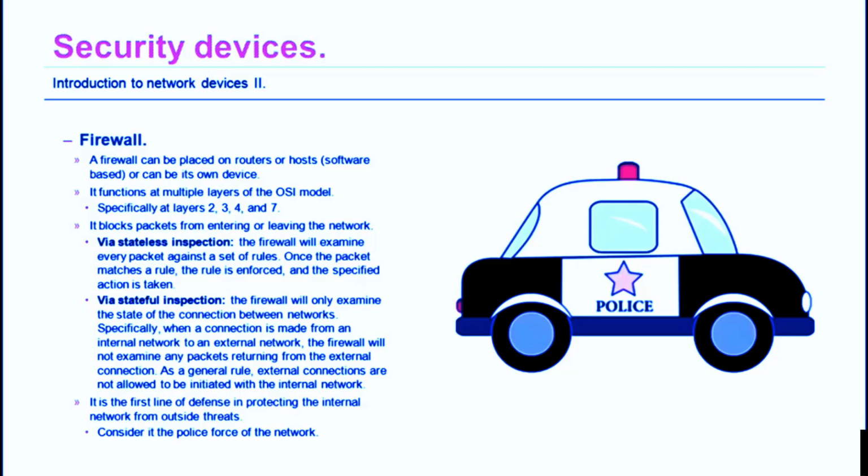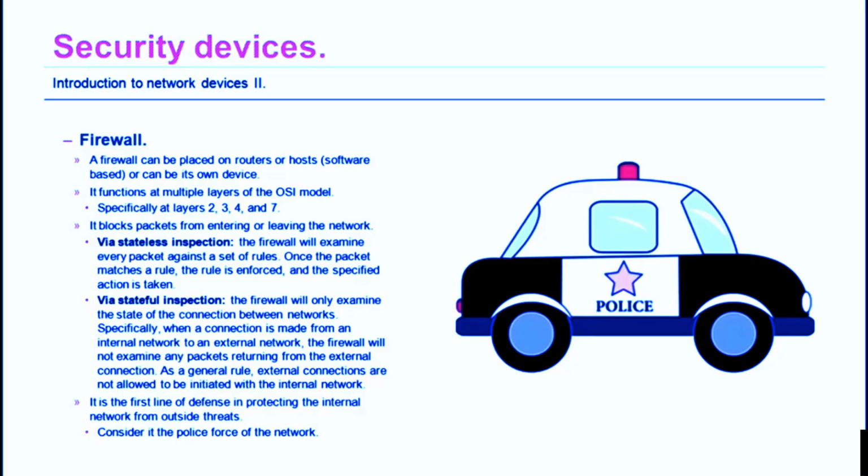Or it may use stateful inspection. This is when a firewall will only examine the state of a connection between networks. Specifically, when a connection is made from an internal network to an external network, the firewall will not examine any packets returning from the external connection.